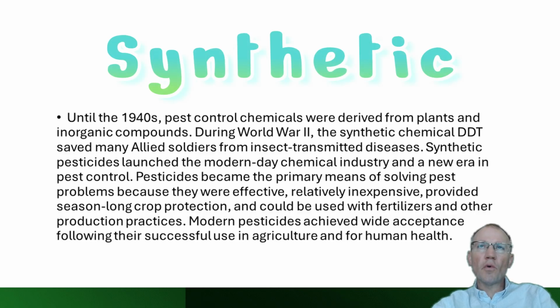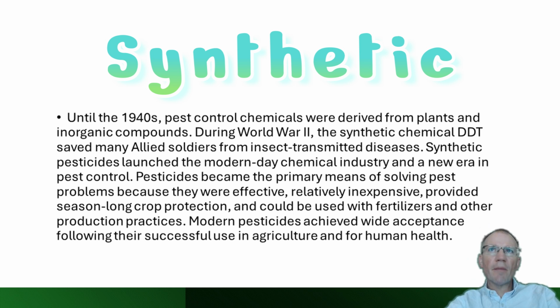Until the 1940s, pest control chemicals were derived from plants and inorganic compounds. During World War II, the synthetic chemical DDT saved many Allied soldiers from insect-transmitted diseases. Synthetic pesticides launched the modern-day chemical industry and a new era in pest control.